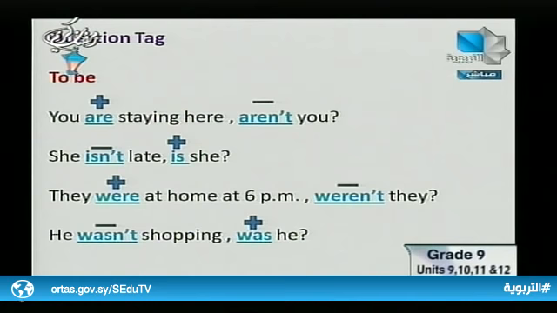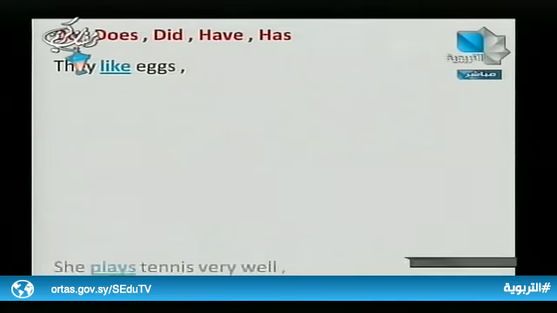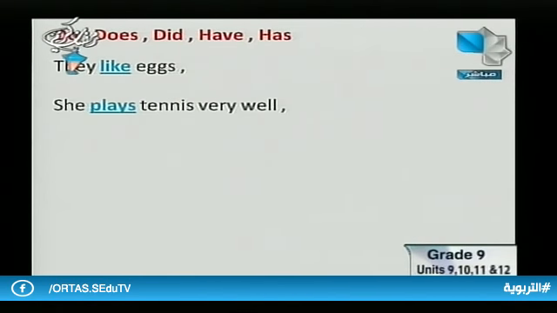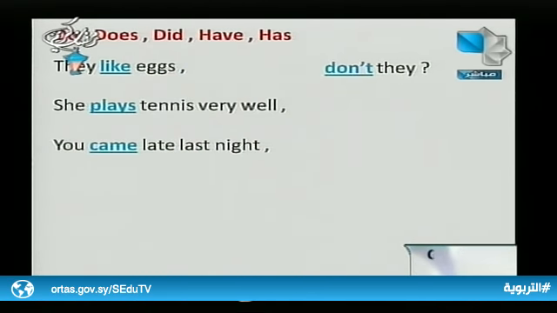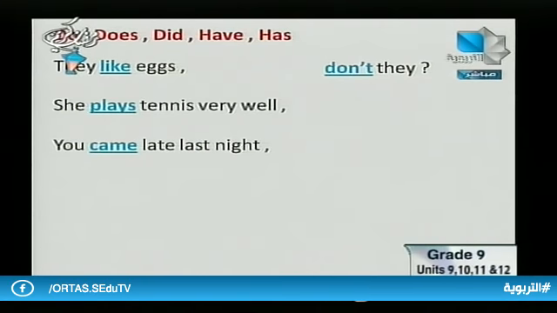Now we are going to talk about do, does, did, have, and has, and how to use them in the simple tenses. For example, they like eggs. It's simple present. The question tag is don't they. We use do, we add the negative form, don't, and the question mark.